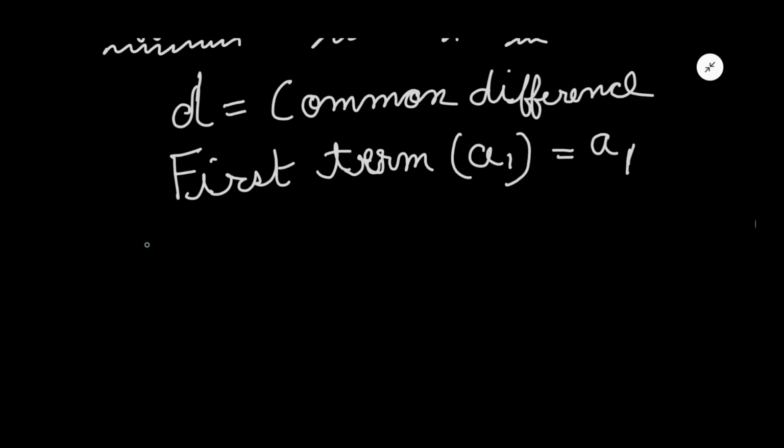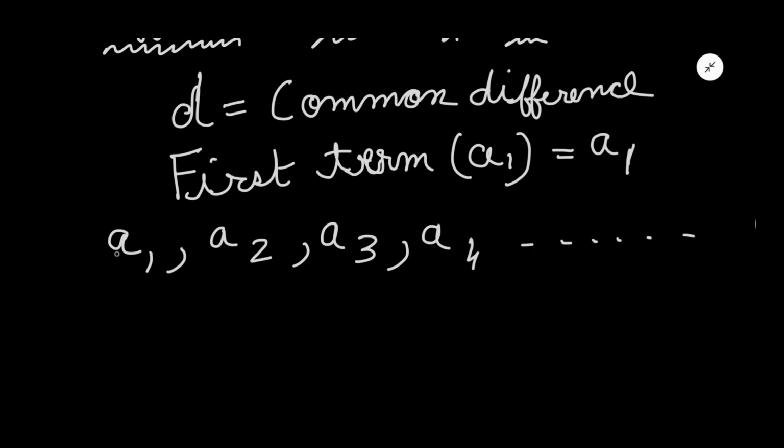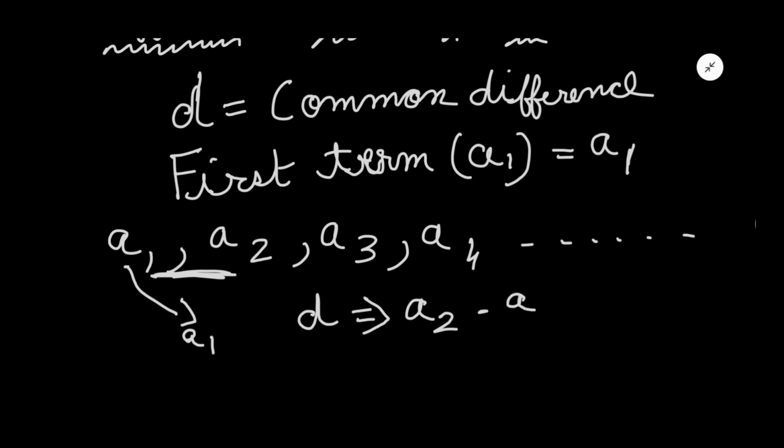Let's suppose that this is an arithmetic progression A1, A2, A3, A4. It goes on. The first term is A1. So the common difference is D, which is the difference between the consecutive terms. So this will be equal to A2 minus A1.